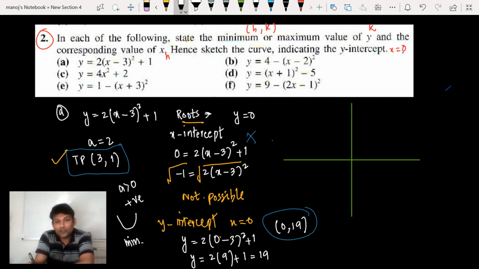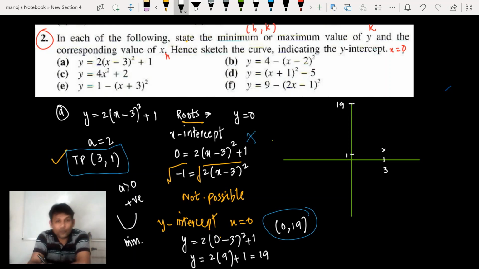Now when I draw this, (0, 19) and (3, 1), I can suppose x is 3 here and 1 is here and 19 is here, and that is enough. We don't need to count 1 2 3 4 5 6 7 up to 19. No, we don't need that. You can even make it a little bit extended. Okay, this is the first coordinate, that is the turning point (3, 1).